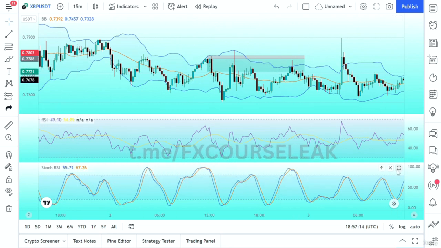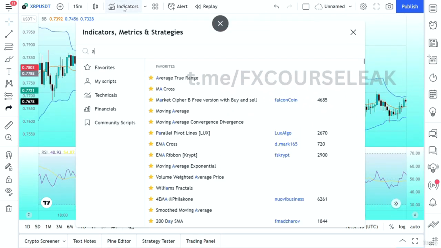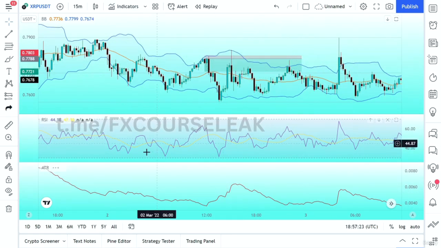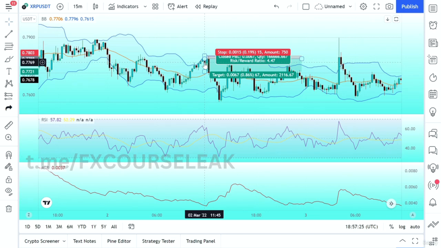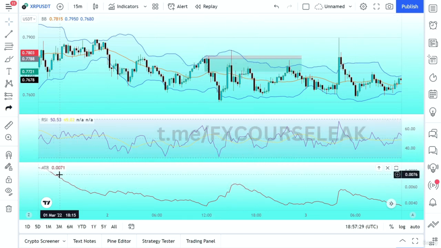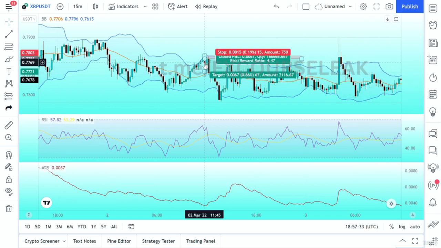The indicator which I will use for putting the stop loss is ATR, already explained for longing the market. For this specific red candle, the ATR value is 0.0037.